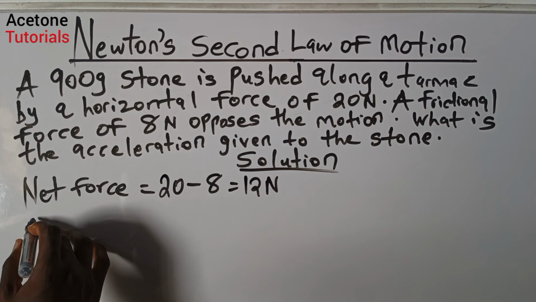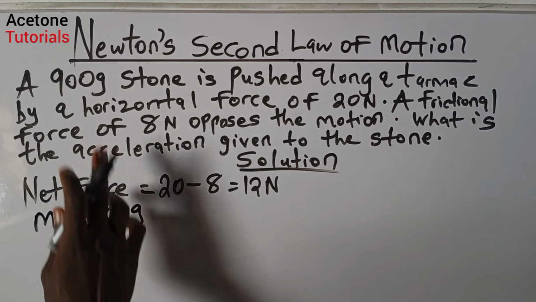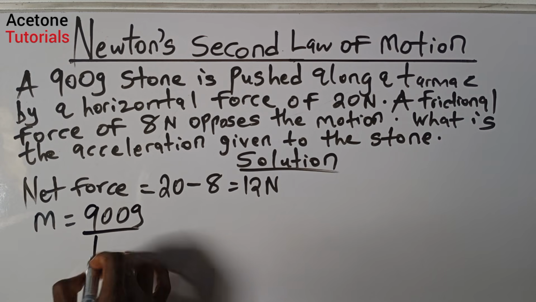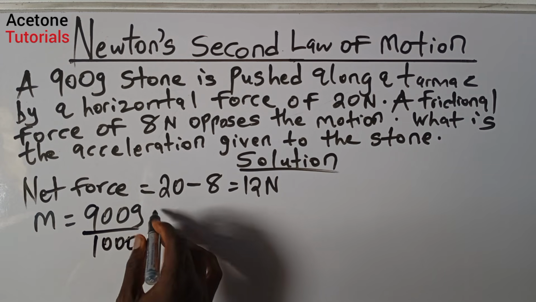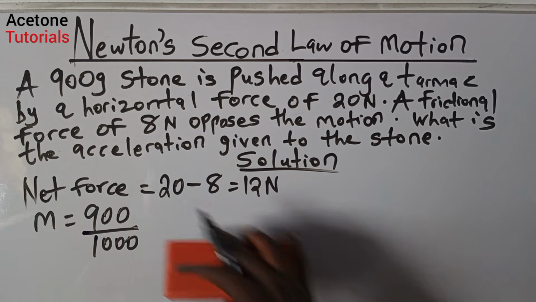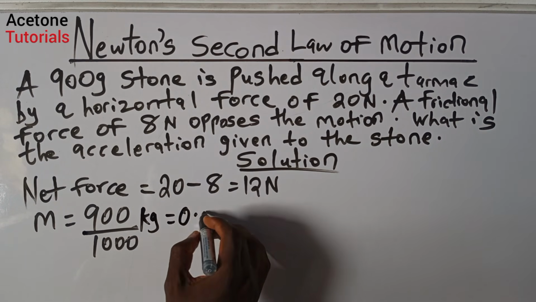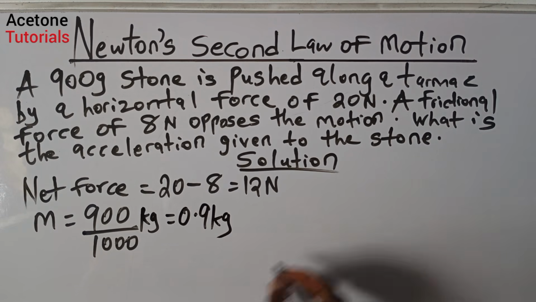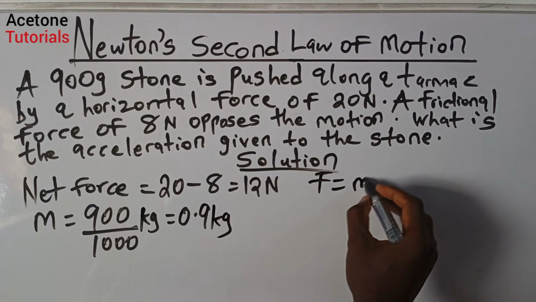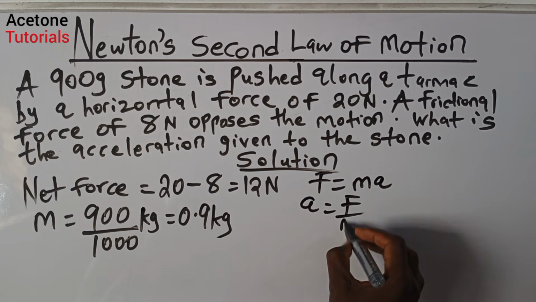So the mass of the stone is 900 gram. We have to convert it to kilogram by dividing by 1000, which equals 0.9 kilogram. So F equals ma, a equals F over m.